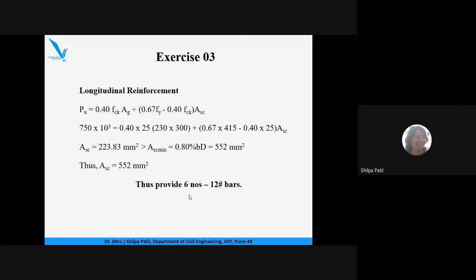And if it is coming as say 3, then I have to provide 4, as per the criteria. So you can reduce the bar diameter in that case, go to 16 mm bar and check how many bars there are. When you find the number of bars, it should always be an even number. It is always placed symmetrical about the longitudinal axis. Okay, so provide 6 numbers of 12 mm bars.